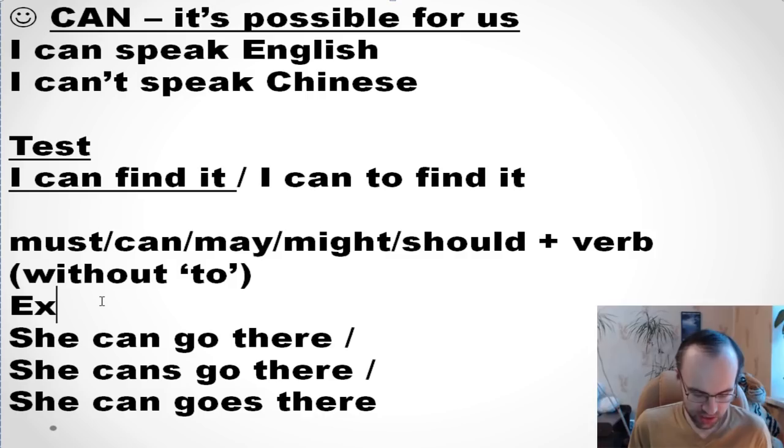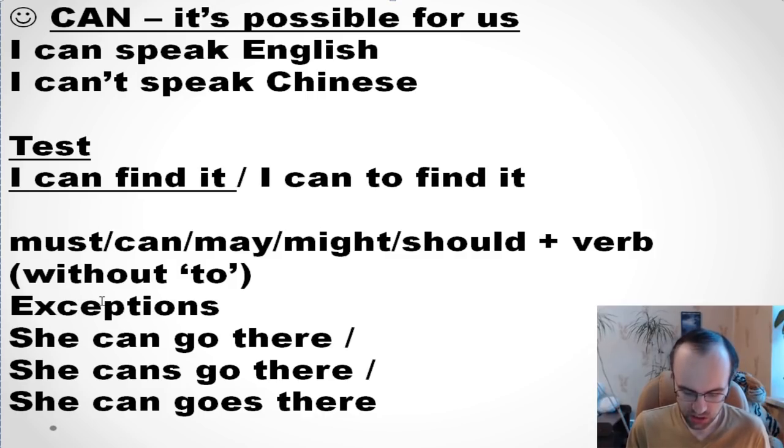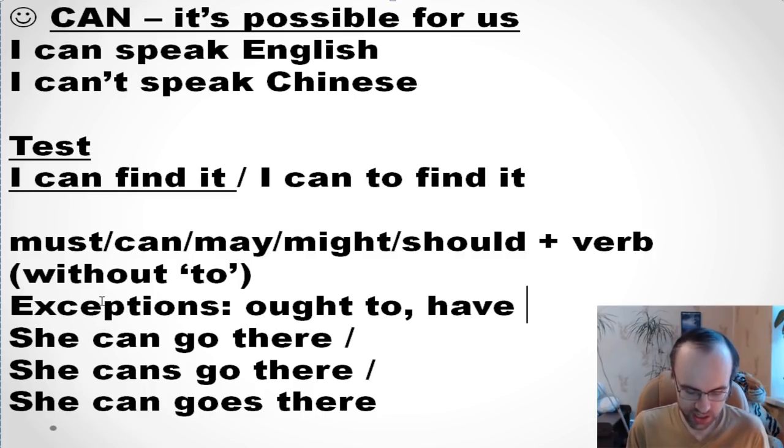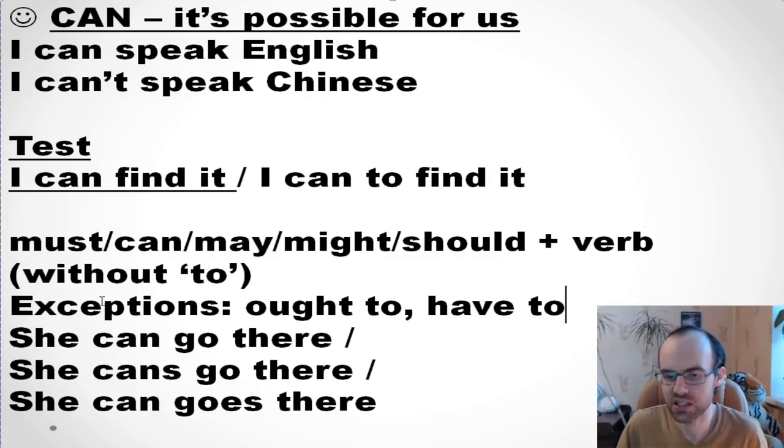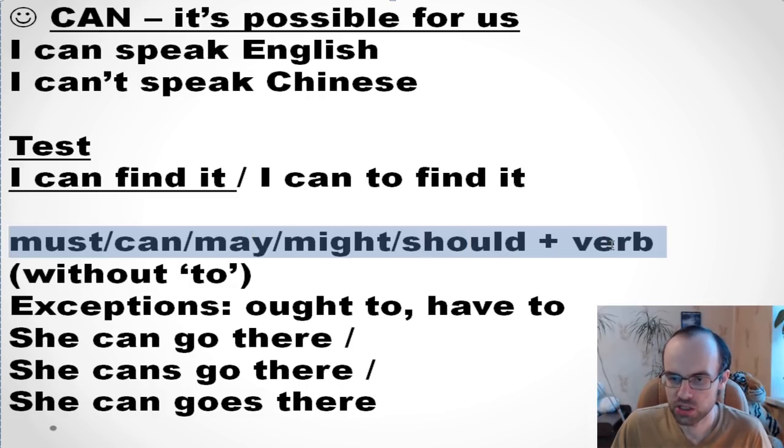But there is one exception, or exceptions. Ought to, and have to or has to. We use them with to. Ought to means should. We are going to talk about it soon. Just remember that we use these modal verbs without to.